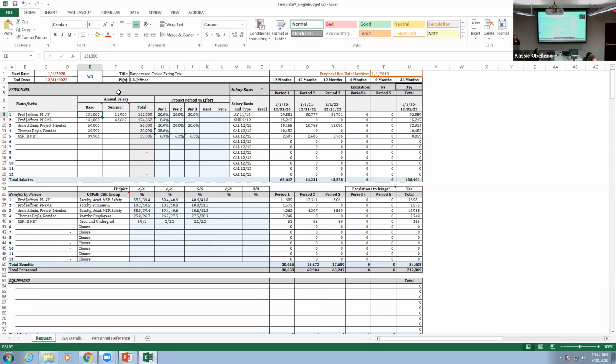Now, if they have an 11-month appointment, you divide by 11, which gives you 1 month of salary, and then you multiply it by 12. And it equals 109,090.